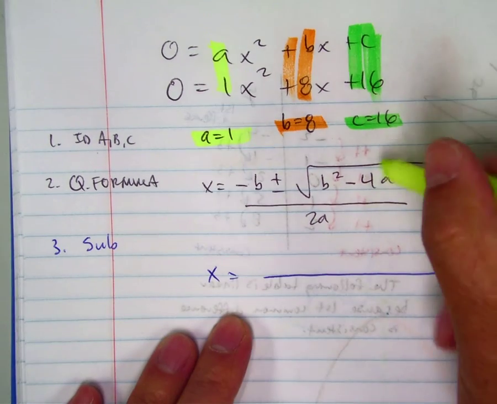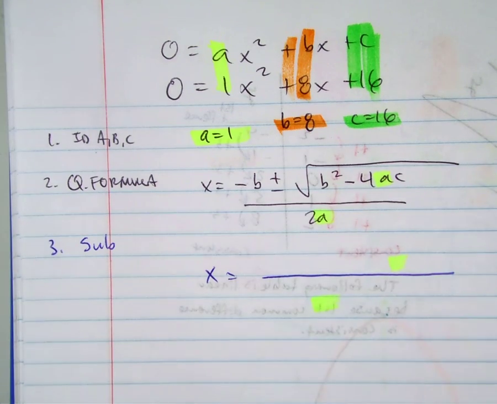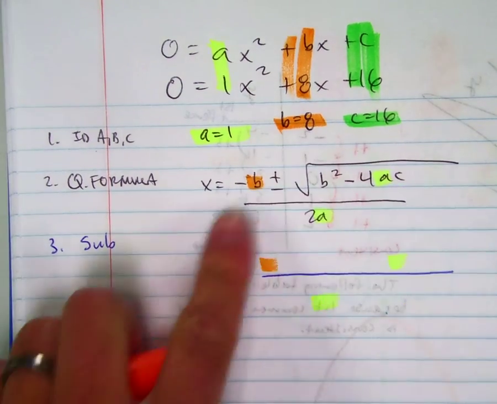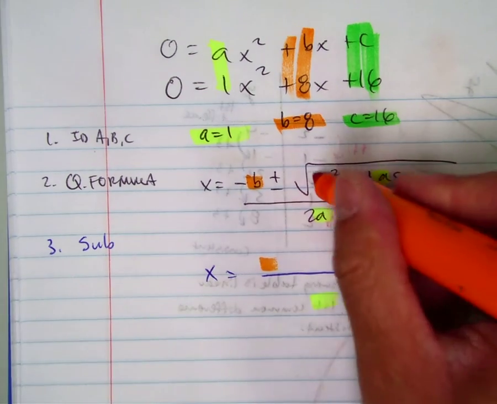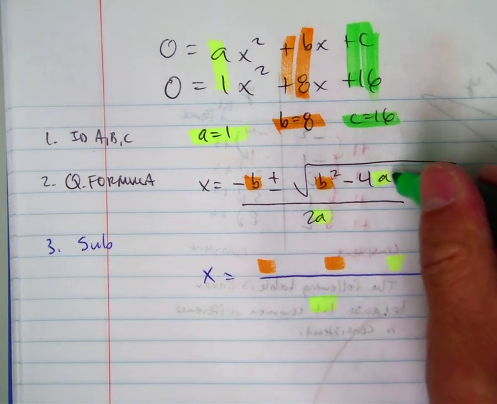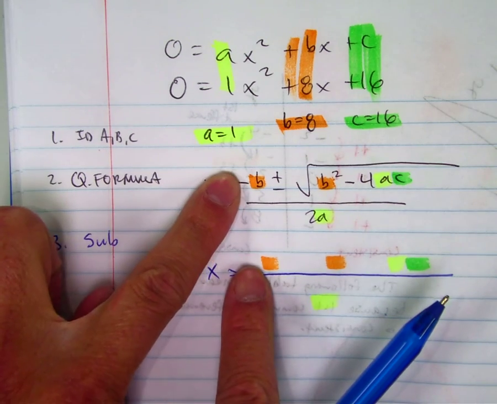So for every A value, I'm going to put here and here. For every B value, I'm going to put it here. Notice how I did not highlight the negative sign there. And for every C value, I'm going to put there. Girls, tell me what to write here.